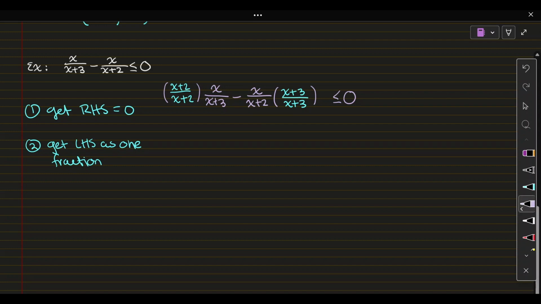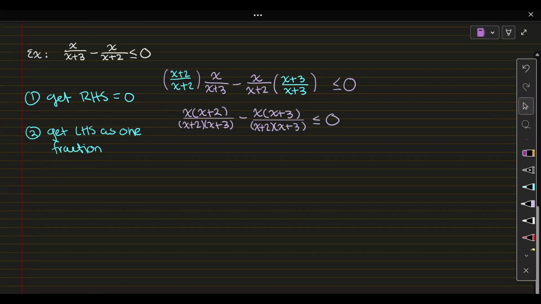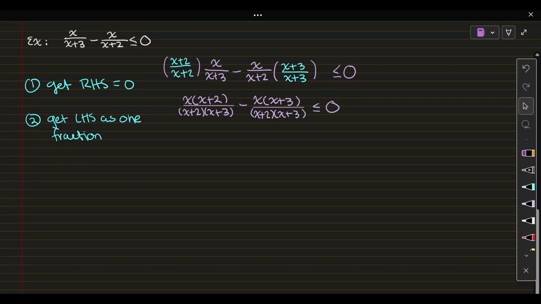So what I'm left with now is I have x times x plus 2 over x plus 2 times x plus 3 minus x times x plus 3 over x plus 2 times x plus 3 less than or equal to 0. Now I can go ahead and distribute these numerators here and give them a common denominator.